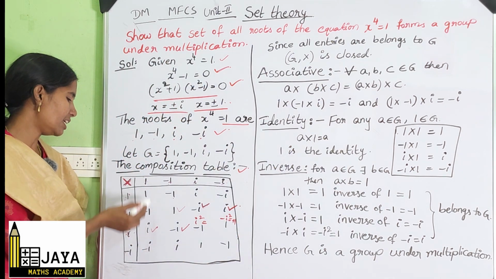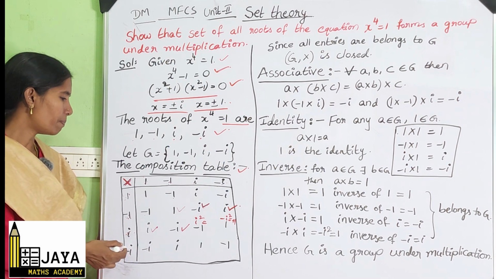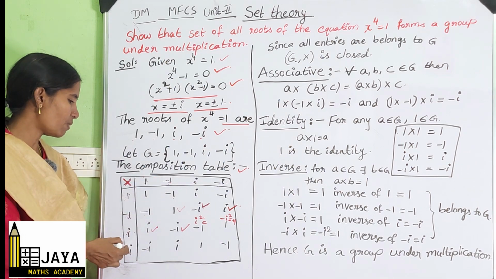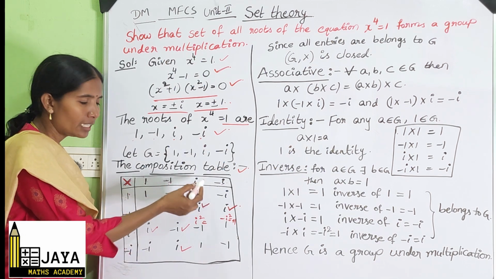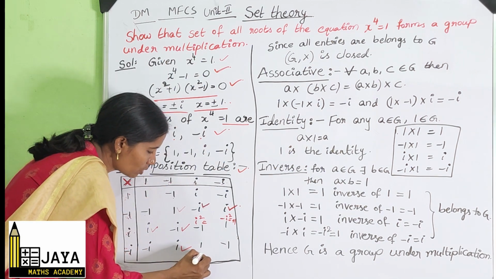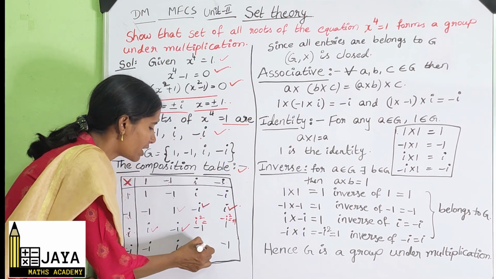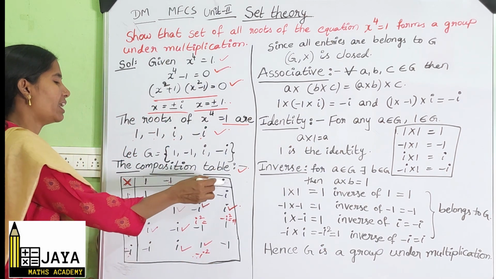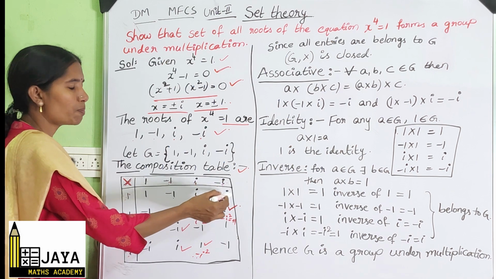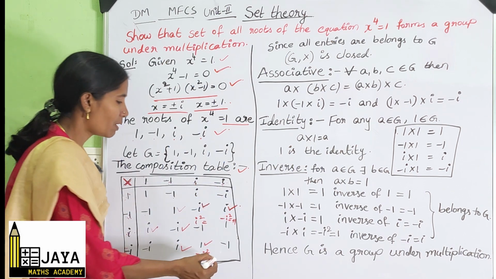Next, minus i into 1 is minus i, minus i into minus 1 is plus i, minus i into i is minus i square, and i square means minus 1, so minus of minus is plus 1. Then minus i into minus i is plus i square, that is minus 1.